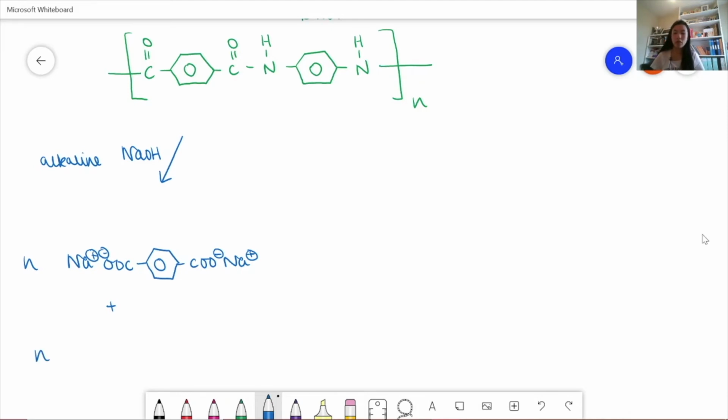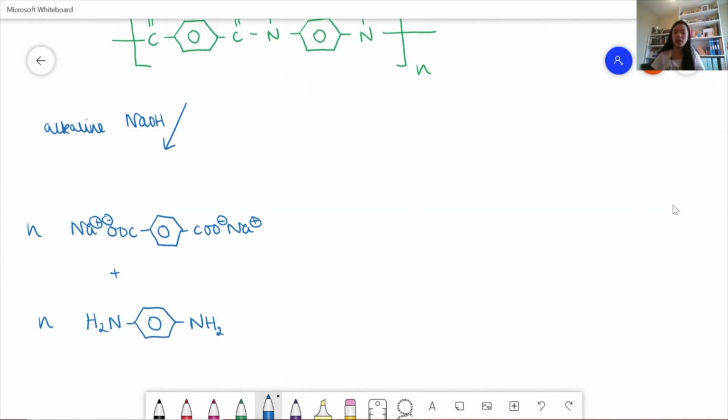And so we form NH2, and then the benzene, and another NH2. So the name of this would be benzene 1,4-diamine.